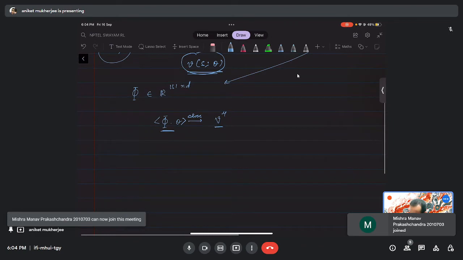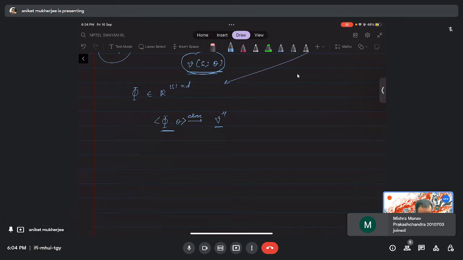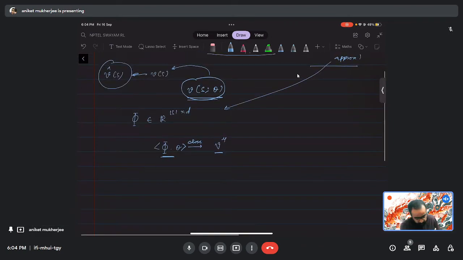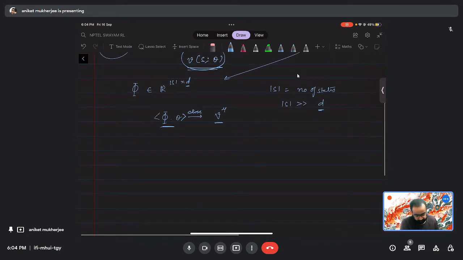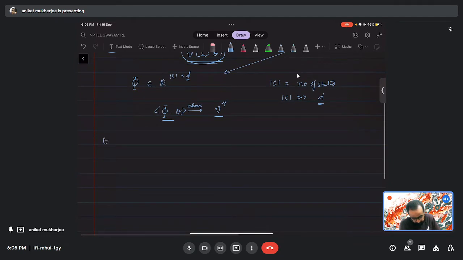This is my final setup. The cardinality of S is the number of states you have, and it is very large compared to d, the feature vector each state requires to represent. So maybe I'll start with a small example problem that will make everything clear.